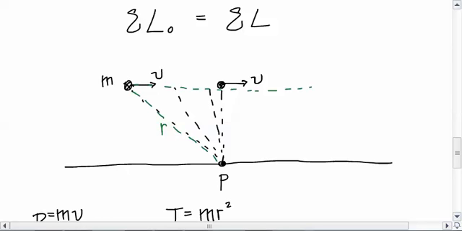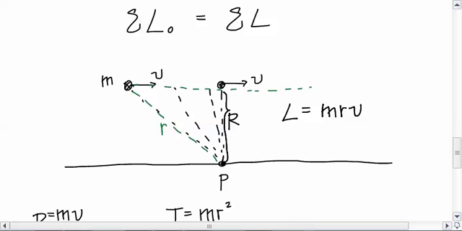What if this distance, which I'll call capital R, from the point on the ground to the point directly above P where this object is, say an airplane flying over you, okay? The angular momentum of that object should be m r v sine theta.